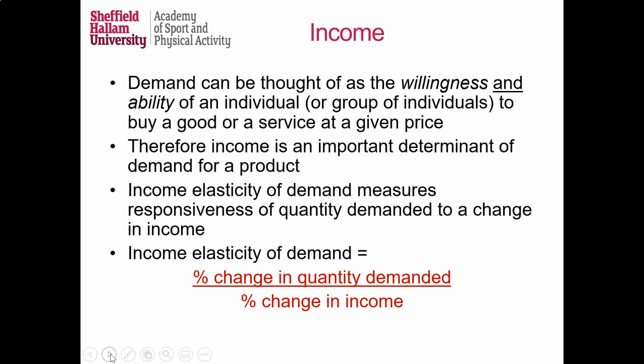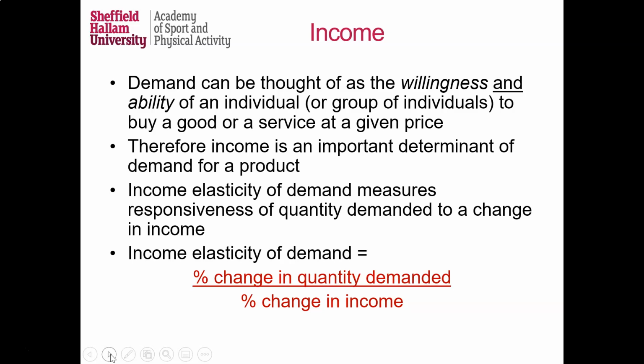So when we're talking about income, budget, the amount of income one has is a major constraint or determinant of the demand for a product. So the amount of income that a consumer has is a major determinant.